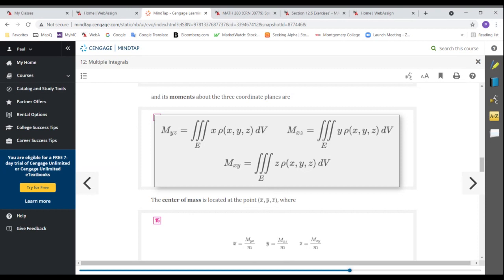How many have maybe seen this in their physics class? Have you encountered this yet, center of mass over a solid? I'm thinking maybe, well, you have to have triple integrals, right? But all right, let's keep going.